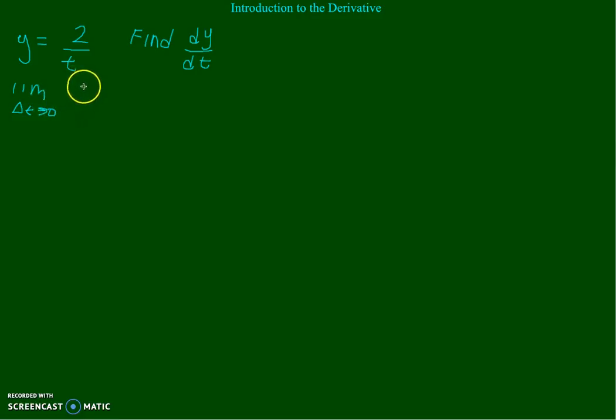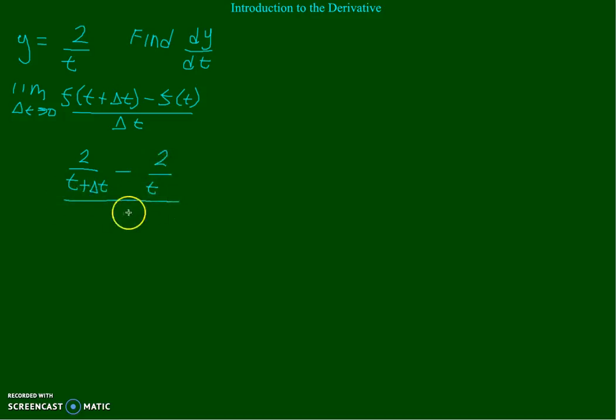That's the limit of f of t plus delta t minus f of t over delta t. So we have 2 over t plus delta t minus 2 over t all over delta t.